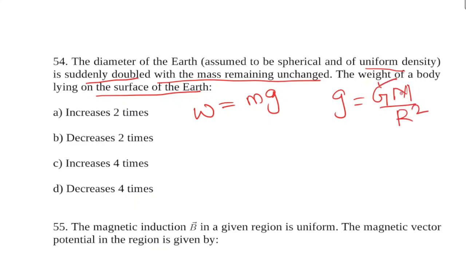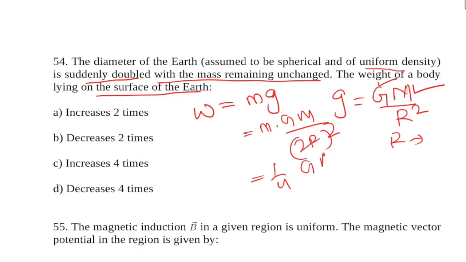Here, G is a fixed constant, M remains unchanged, only the diameter becomes double. So its diameter is double, so the radius will be double. So here we can write m times GM by (2r) square. That means 1 by 4 GM by r square. So the weight of the body will decrease by 4 times. Okay, so D is your correct option.